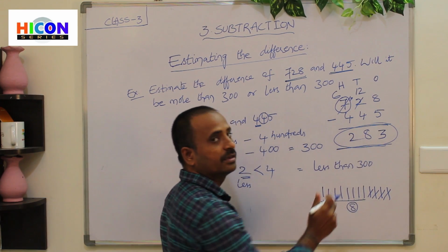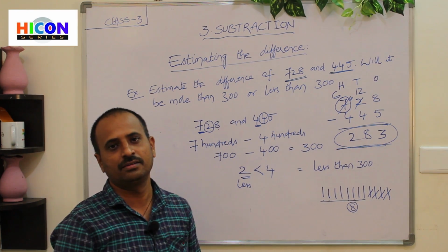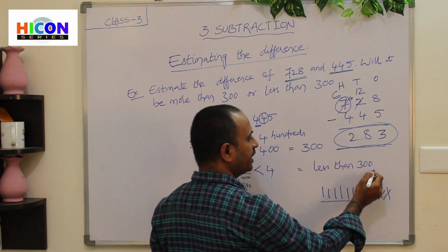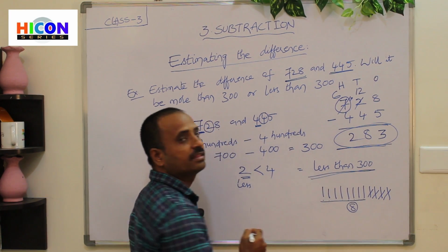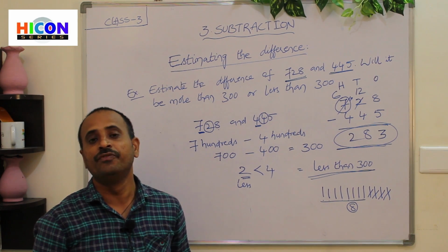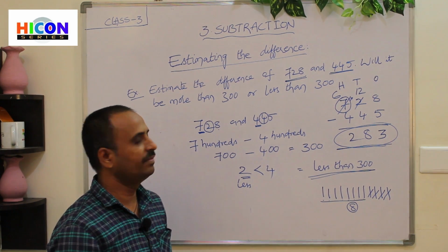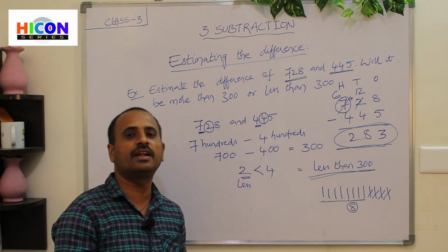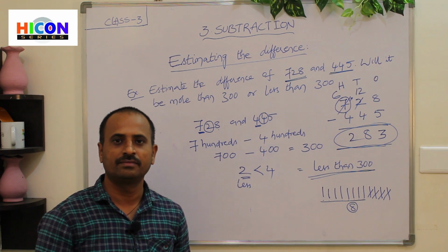The actual difference is 283 and it is less than 300. So already we have written that the answer is less than 300. So without doing the actual subtraction, we can estimate whether the difference is less than or greater than the other number.